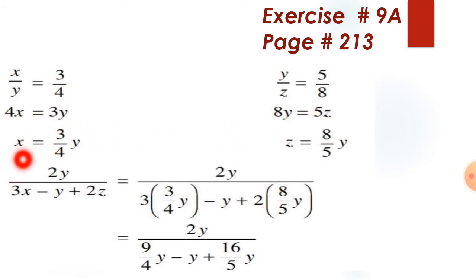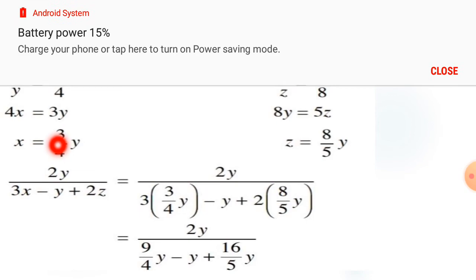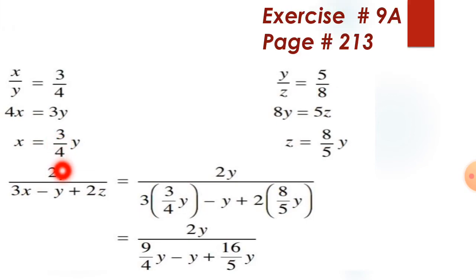Now come to the value of x. x will remain the same, only 4 is multiplied, so we take it into the denominator on the right hand side. So x is 3/4 y, and z is equal to 8/5 y. We have to find the values of x and z.